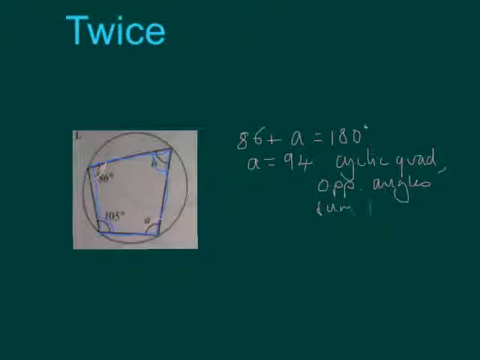sum to 180 degrees. And similarly, if we look at angle B here, we know that that plus 105 plus angle B has got to be equal to 180 degrees also. So 180 minus 105 is going to be equal to B. So B must be 75.